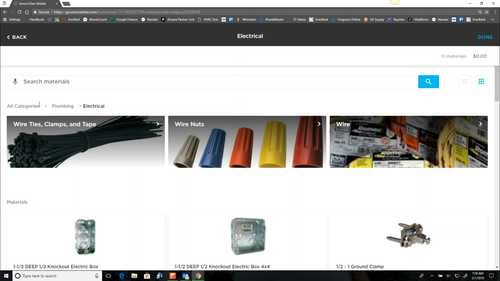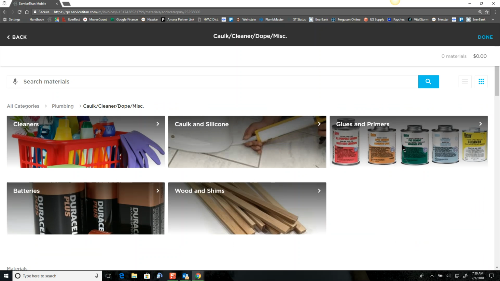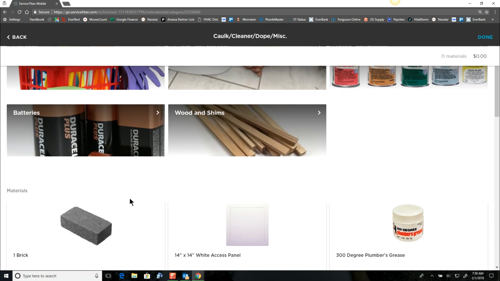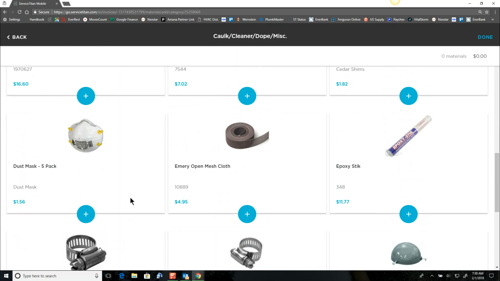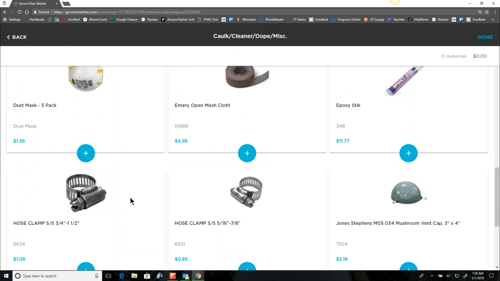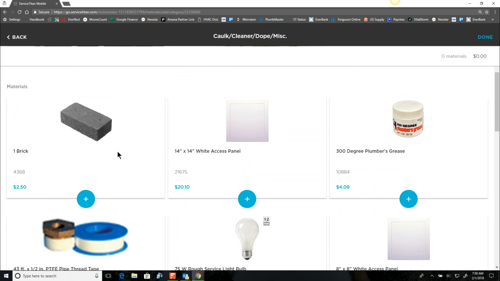It's just not feasible for it not to. Even with ultra generic things, the techs need batteries. A lot of things in here are specific to plumbing, but my techs also need dust masks, across all the trades.